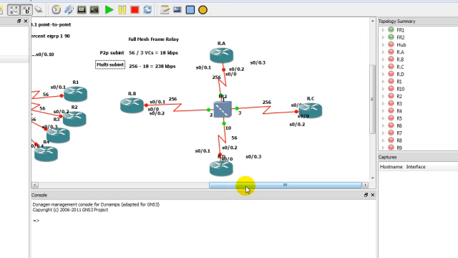So now this is my scenario. Here is a full mesh, and now let's go to our real scenario to configure it with nice configurations, to know how to configure this in the real field.